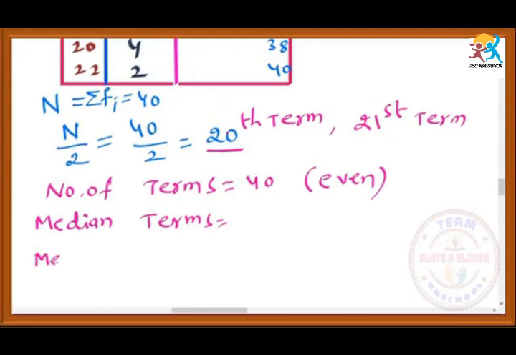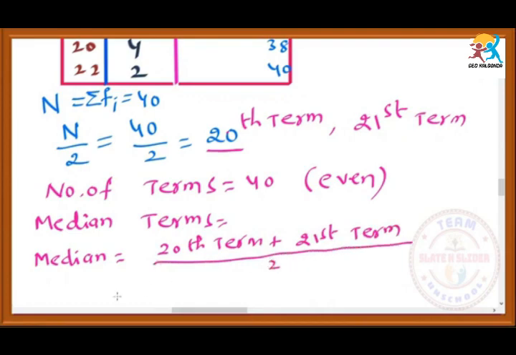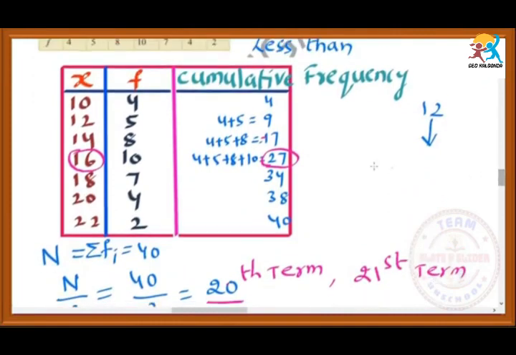So median is equal to the 20th term plus the 21st term by 2. Let's go to the table first. After the 17th term, the 18th term is 16, the 19th term is 16, and the 20th, 21st, 22nd, 23rd, up to the 27th term, we get the value 16.